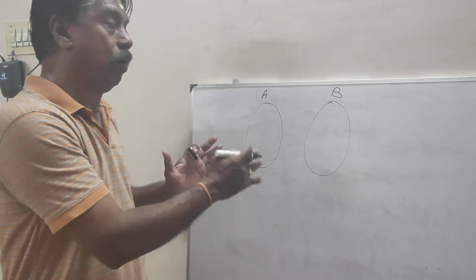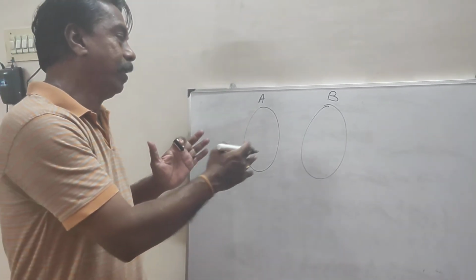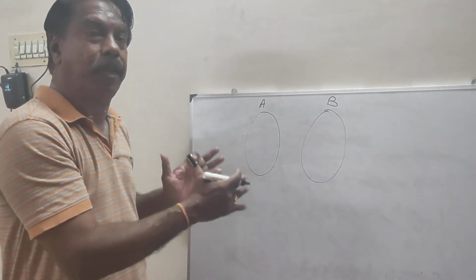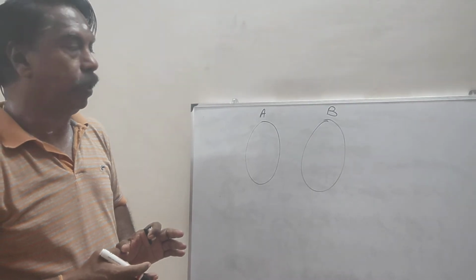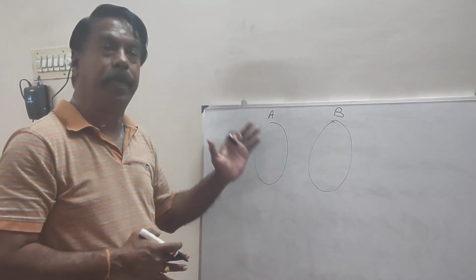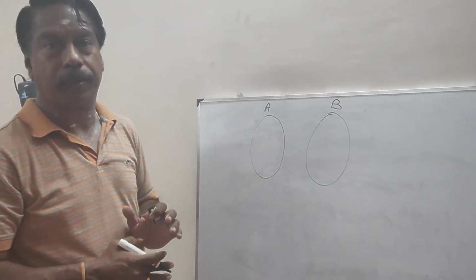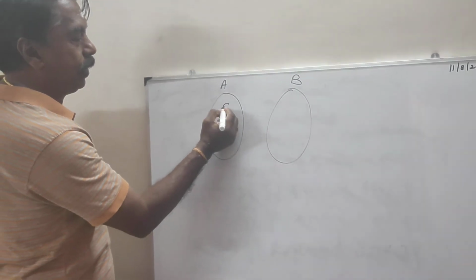That means they are called empty sets. When the two sets are empty, we cannot find the cross product of the two sets A and B. For that, A and B should be non-empty sets.